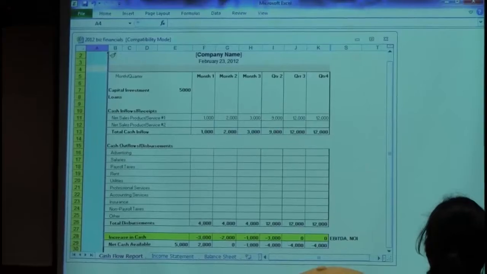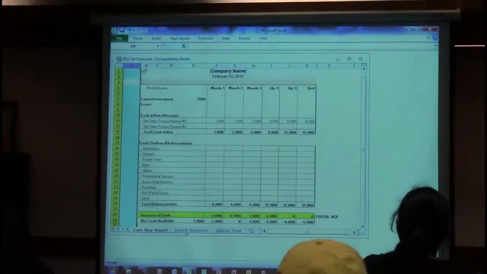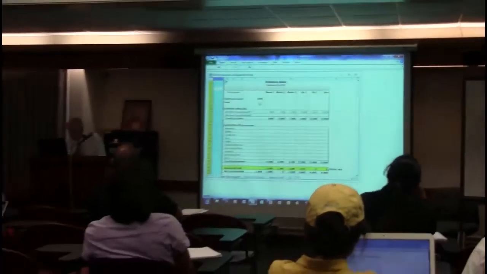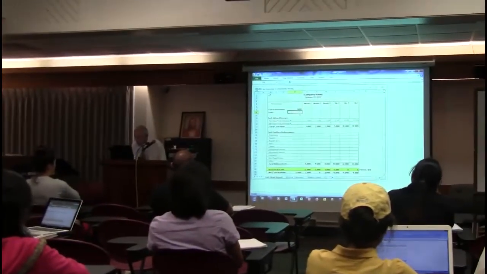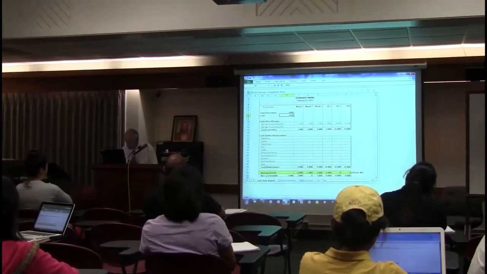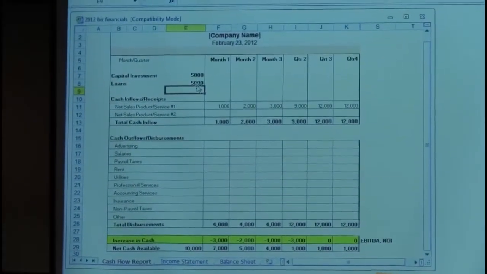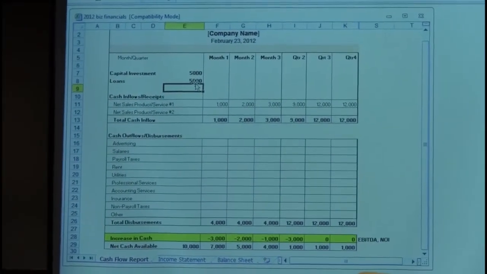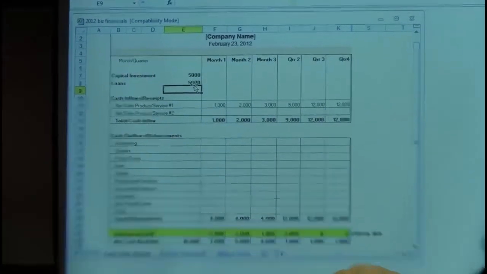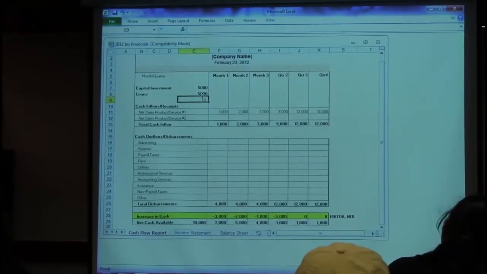So these are all fictitious numbers, but let's borrow $5,000 and see what that does here. Ah, we're positive. Not difficult adding and subtracting.